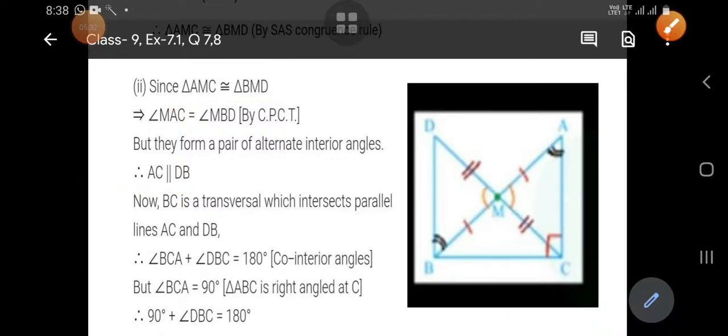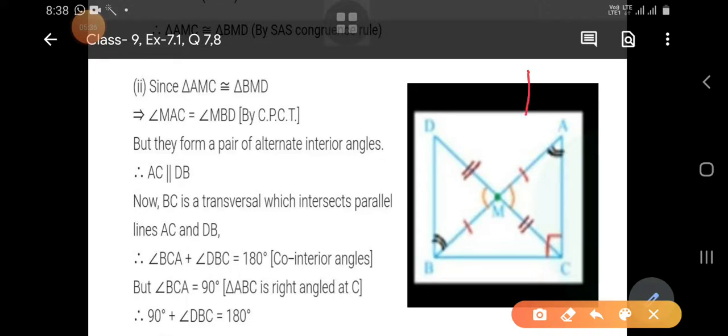Now if the line AC is parallel to DB, suppose this is the AC line and this is the DB line. If these two lines are parallel, then the line BC, joining here, is a transversal.